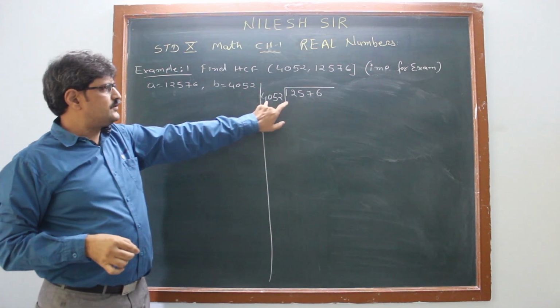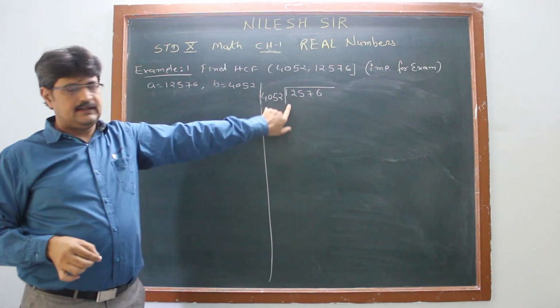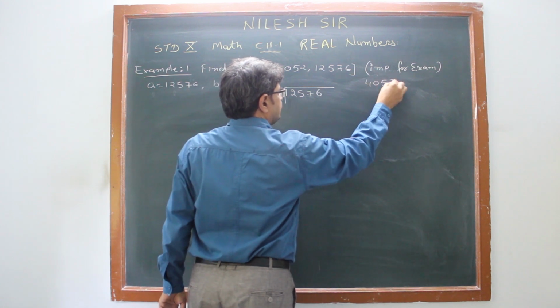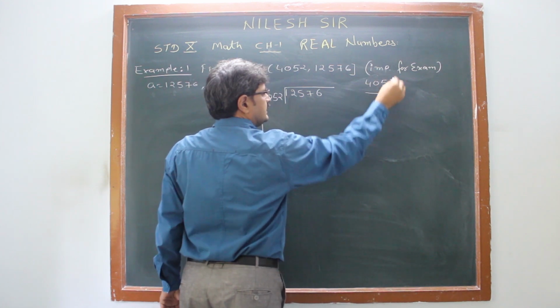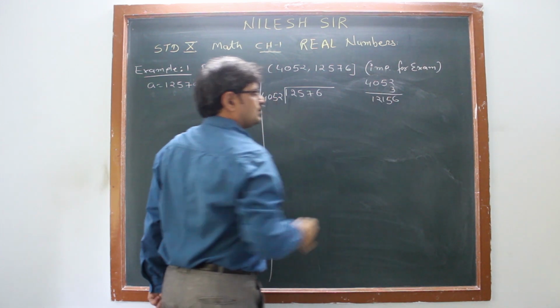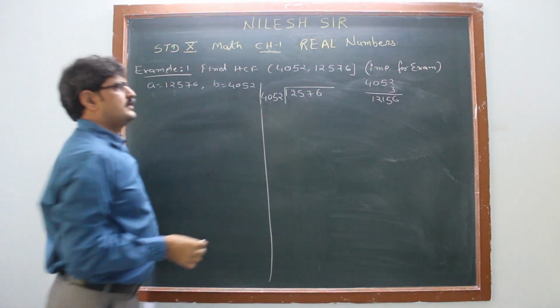It is nearly 4000, this is nearly 12,000, so I should multiply it with 3. It is 4052 multiplied by 3. 3 2s are 6, 5 3s are 15, 4 3s are 12. So it is 12156.